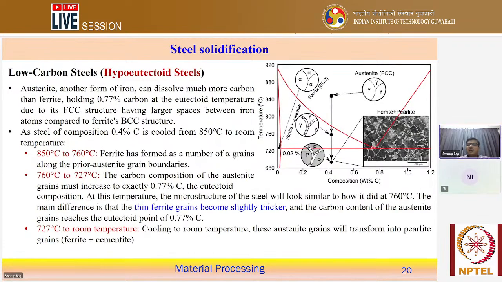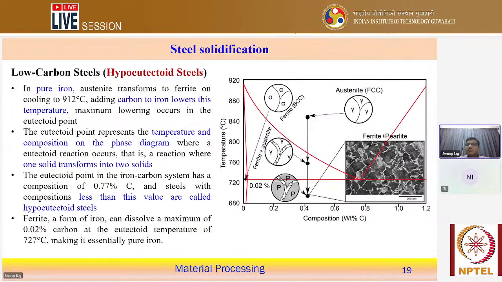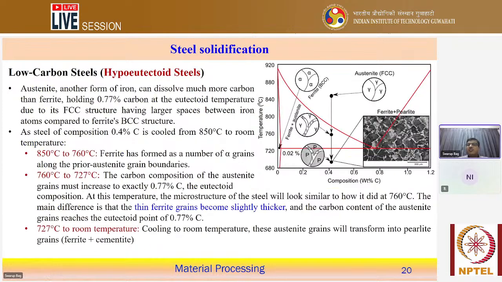We can see that it can have different compositions and, depending on that, it can create different structures. In hypoeutectoid steel it creates ferrite plus pearlite structure, but it depends on which phase is transforming to which other phase.